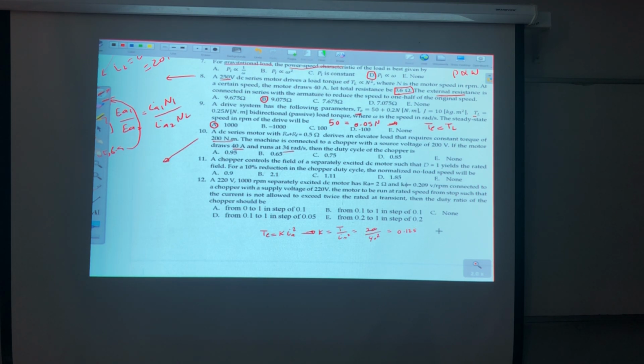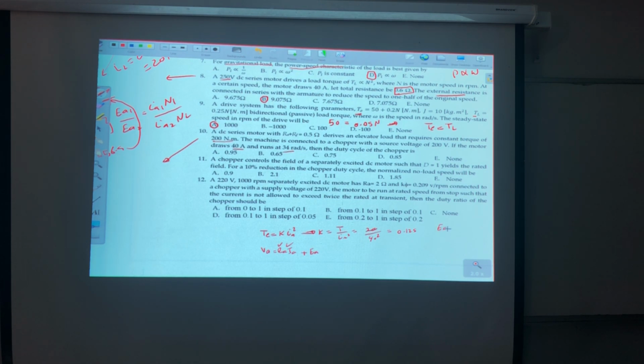Now, I'm having the current, so VA will equal RA IA, which I can find right away: 0.5 multiplied by 40, so this will be 20. Then plus EA.